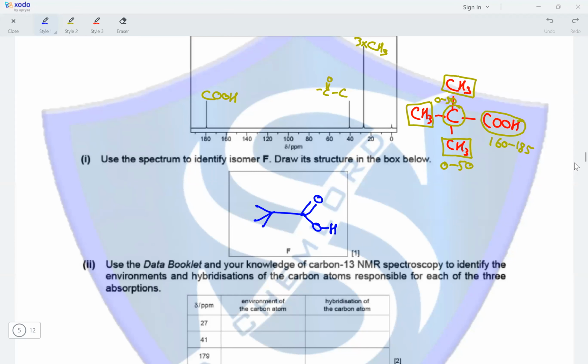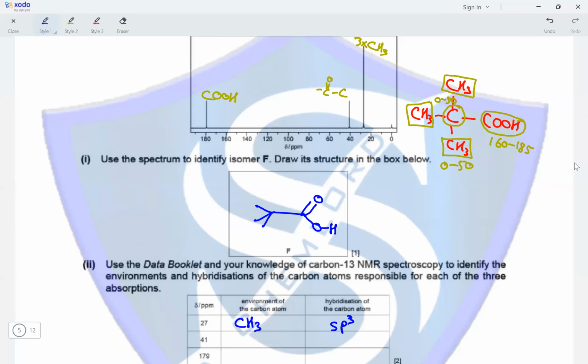Use the data booklet and your knowledge of carbon-13 NMR spectroscopy to identify the environment and hybridization of the carbon atom responsible for each of the three absorptions. So the environment of the carbon atom would be CH3, and the hybridization of the carbon atom would be sp3, because there are four single bonds formed by each of the CH3 groups.